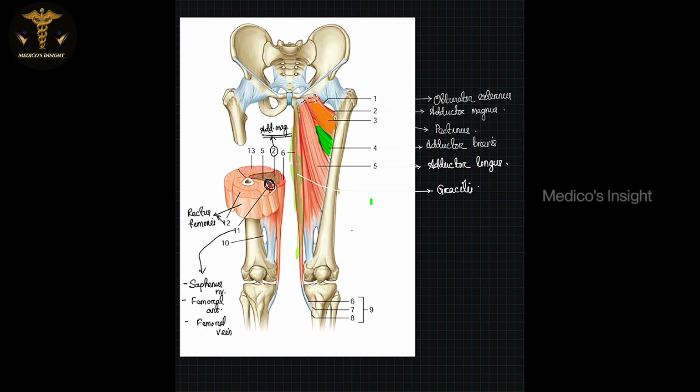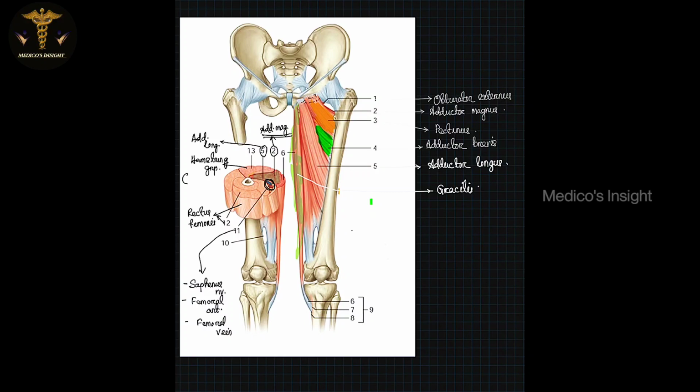Okay, so this group of muscle, as I clearly said after, that one is adductor longus, and this one is to the behind, that is the hamstring group of muscle.